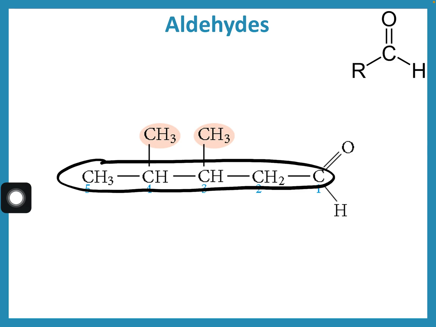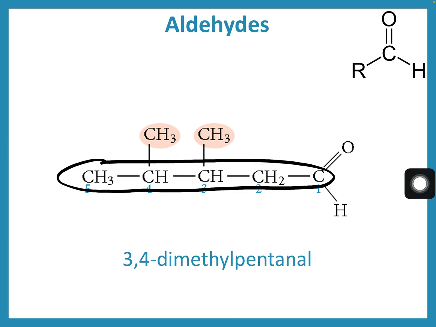And so off the 3rd and the 4th carbons, there are methyl groups. So I have 2 methyl groups total, so dimethyl off the 3rd and 4th carbons. And once again, I don't need to give a position for the carbonyl group, the aldehyde at the end, because that is assumed to be on carbon 1. So this is 3,4-dimethylpentanal.